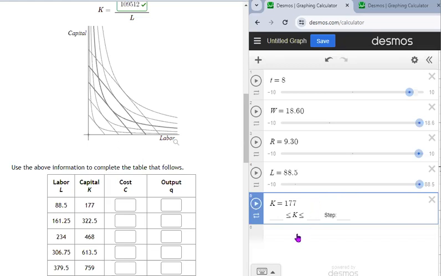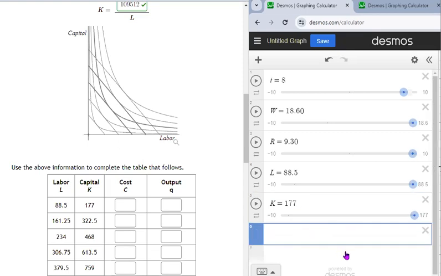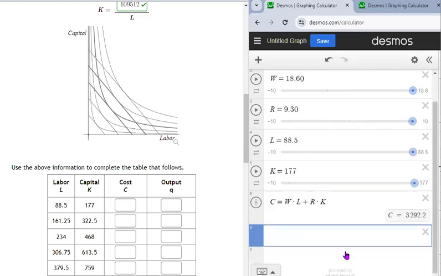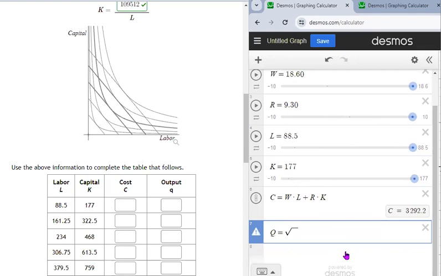Now I need the cost equation. The cost equation is the W times L, the wage times labor, plus the price of capital times capital. And then I need the production function, Q, equal to the square root of T times K times L.